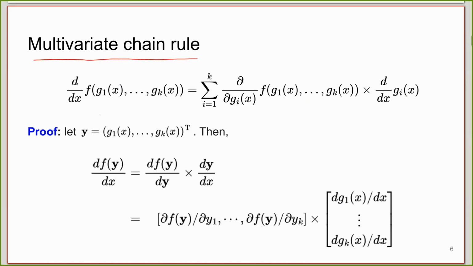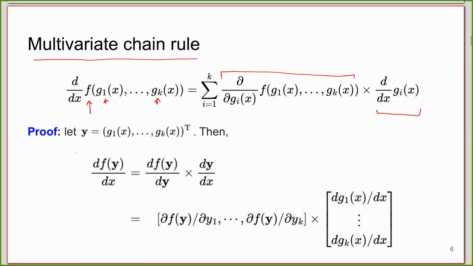If you have a function f that depends on some inputs x through other functions, for example g1 up to gk, and you want to calculate the total gradient with respect to x of f evaluated on the outputs of all these other functions, you can show that this is a sum of the product of the gradient of f with respect to the individual functions times the gradients of the functions. Okay, this is called the multivariate chain rule.